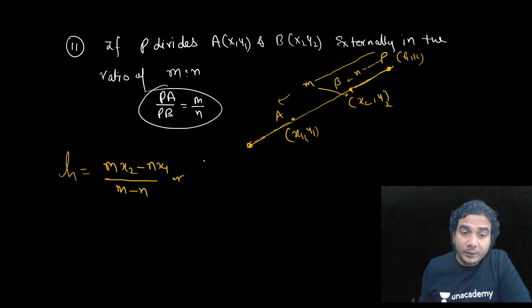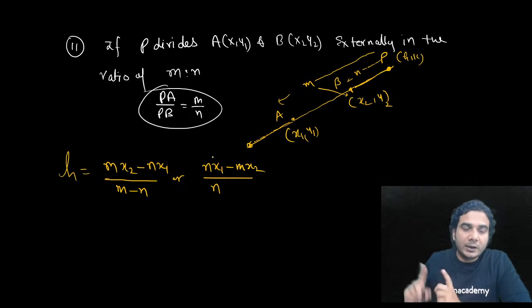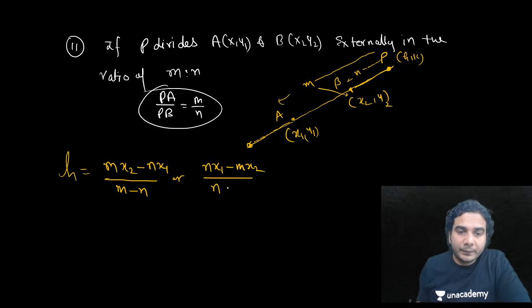Let me also tell you, you can write n x1 before m x2. You can write n x1 minus m x2, but now in denominator it should be n minus m. Because if you are multiplying n to x1, then in denominator n will come before m. So you can write either way. And similarly, k is going to be, just replace x2 and x1 by y2 and y1.